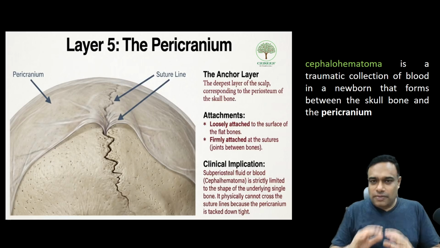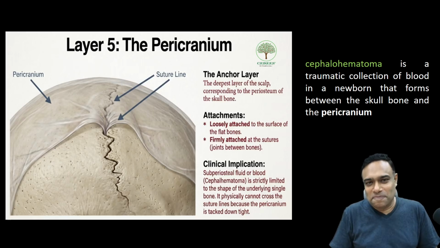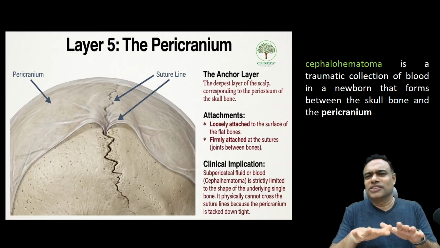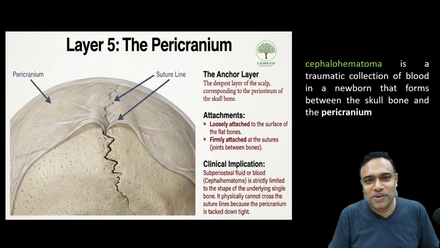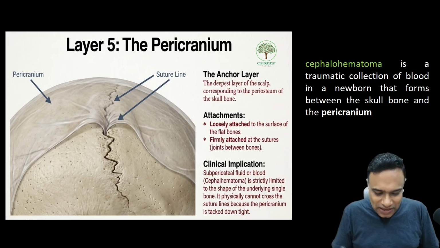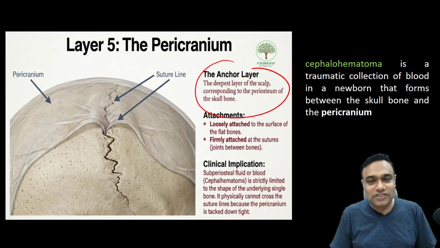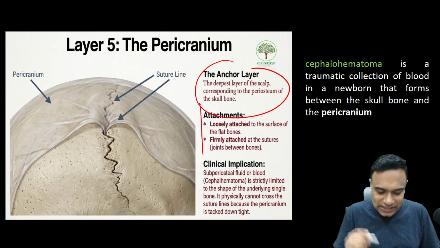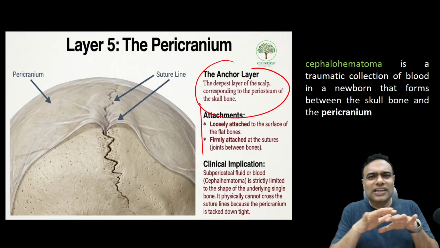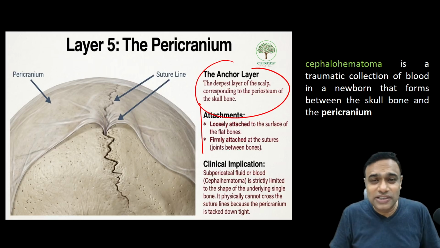Okay, right, and then you have the pericranium, a very innocent looking, small covering over your skull. The pericranium is the deepest layer of the scalp. What you should understand is that it is very loosely attached. Why do they say the word loosely?